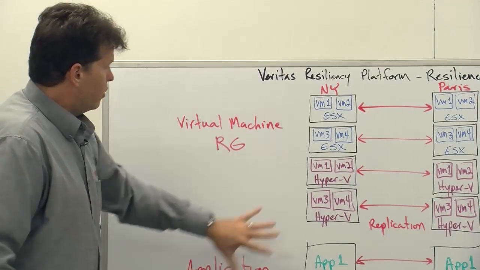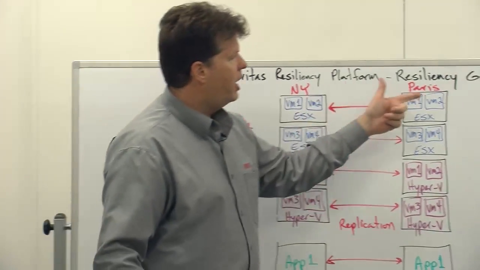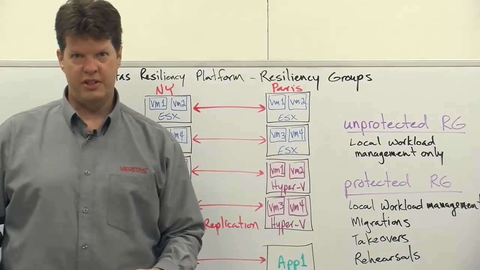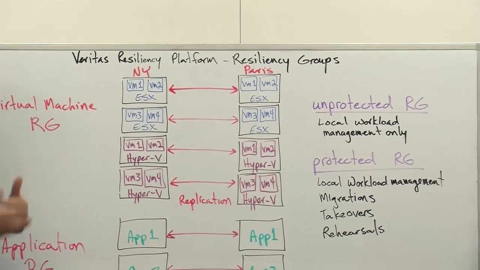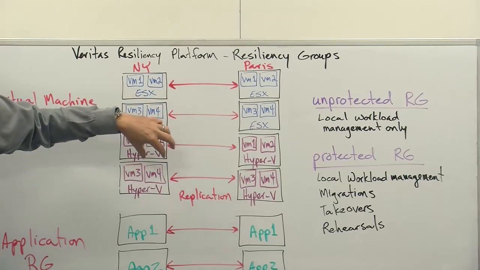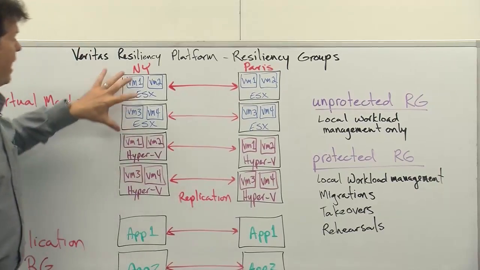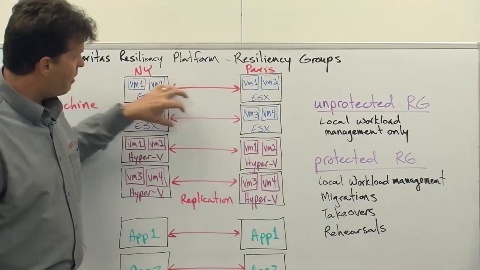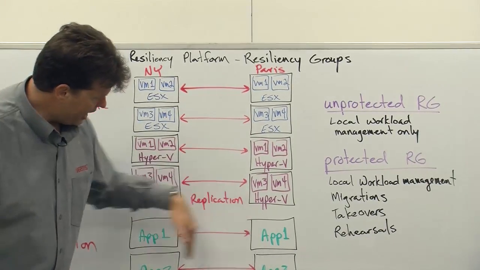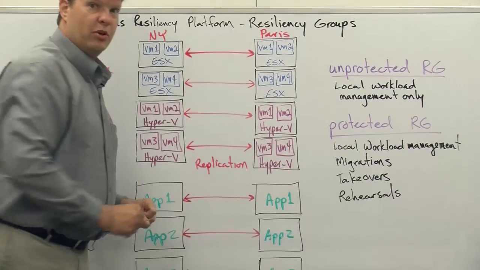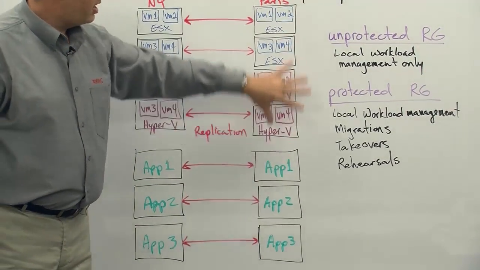Okay. Now, those are the groupings of a resiliency group, but we also have the concept of a protected versus an unprotected resiliency group. So when you start the process of creating one, you choose your assets, add them to the resiliency group, and initially it's going to be created as an unprotected resiliency group, meaning we have not yet discovered through our replication in our VMware environment or our Hyper-V environment, or manually if we're doing applications, because we have to identify the like application at both sites, we haven't yet discovered the like components at the other side.